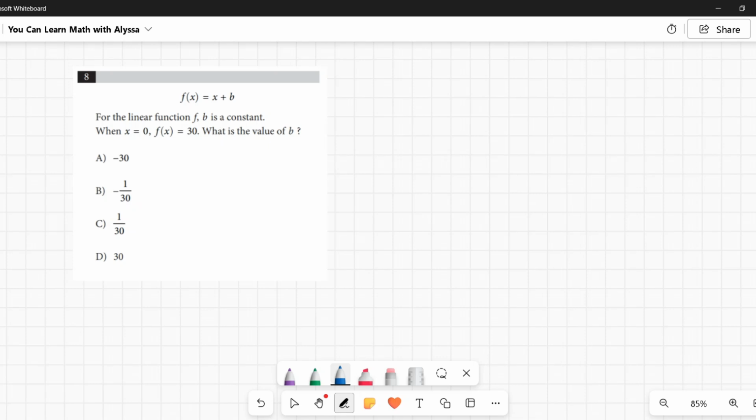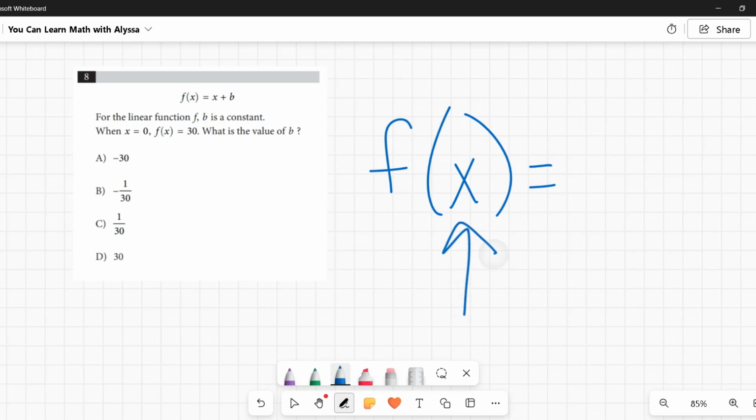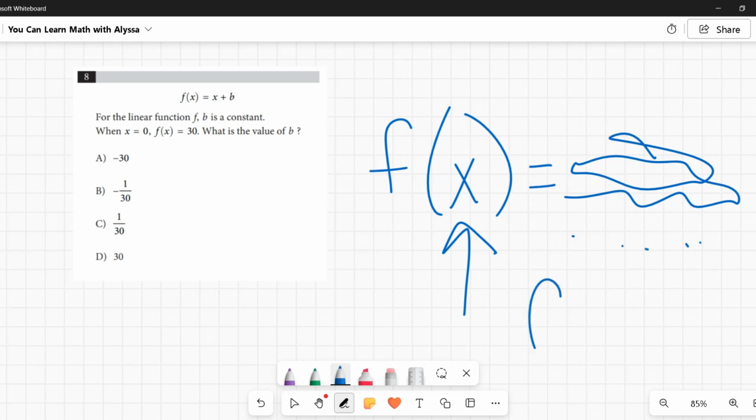So I have this function, and when I have a function, f of x, sometimes you'll see g of x, h of x. f of x is the most common. It's what you're most likely to see on an SAT problem. If I have a function, it is telling me that I will put in a number, x, into whatever equation is over here, then I'll do my math, and I will get a value, and I will call that value f of x.